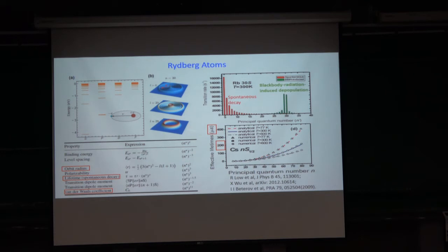Taking all this into account, here shows the principal quantum number and the lifetime of the Rydberg atom. Typically, people use around 70, 80, so the lifetime is about 200 microseconds. This will set a fundamental limit. However, you can choose n even larger, but you need to worry about some technical issues.